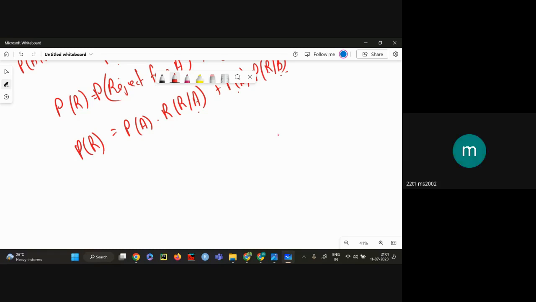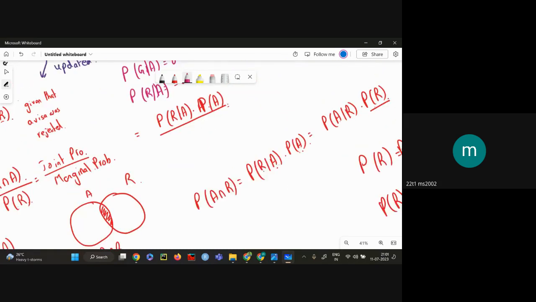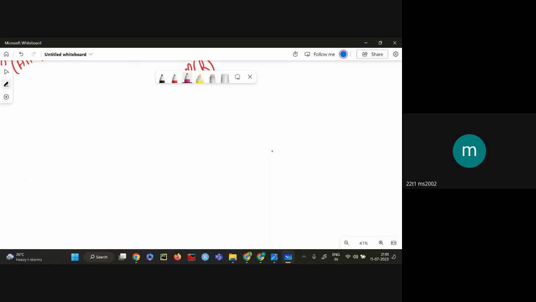So this is your probability of R. Now, if I go back to the question, we were looking at finding the probability of the application coming from A, given that it was rejected. We had written this as probability of A intersection R divided by the marginal probability of R. We can now write this again as a combination of conditional and marginal probabilities.